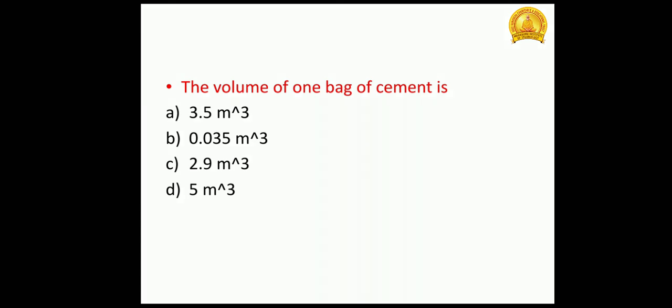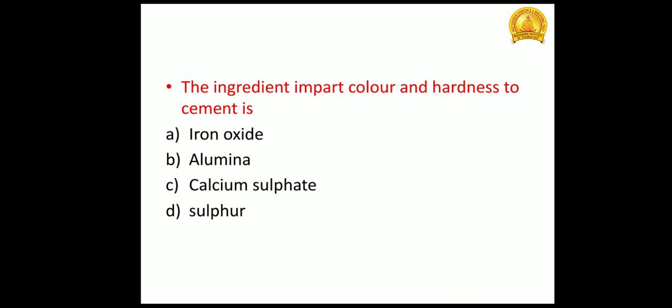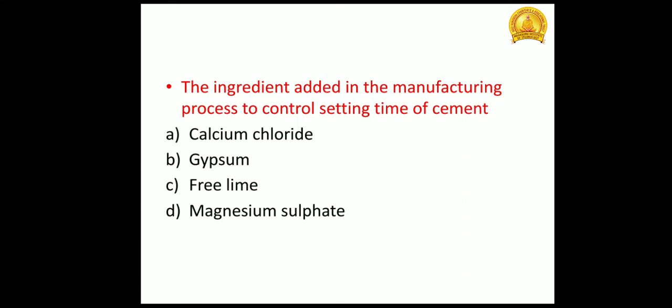Okay. So moving on to the next question, the ingredient that imparts color and hardness to the cement. The ingredient that imparts the color and hardness to the cement is iron oxide. That too we have discussed in the ingredients of cement section. Next question, the ingredient added in the manufacturing process to control the setting time of the cement.